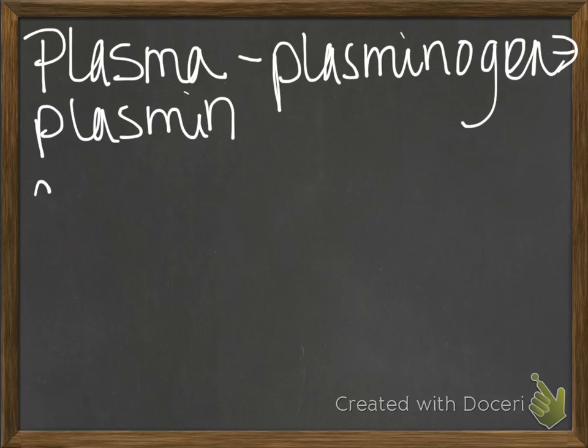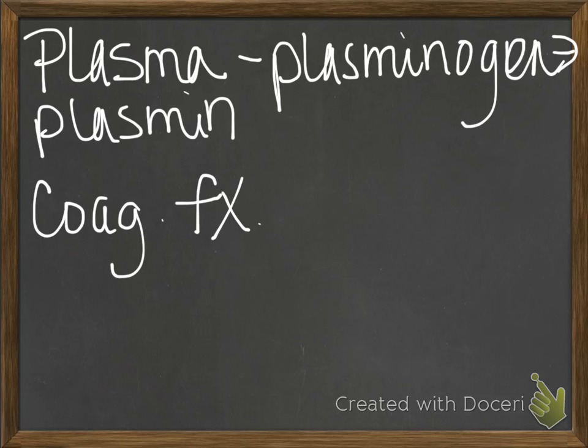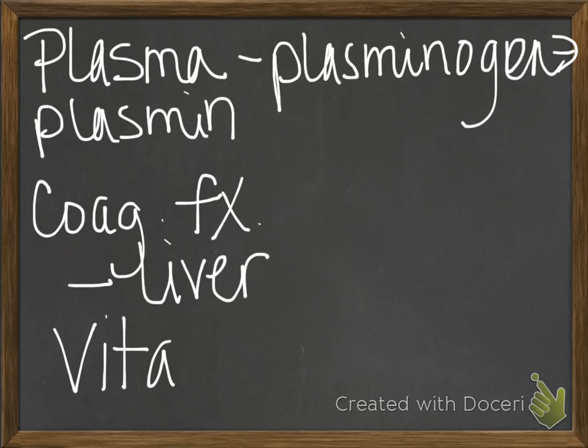We also talked about coagulation factors, and we're going to talk about this more when we talk about the coagulation cascade. But we have these different factors, and most of them are proteins, and they're synthesized in the liver. So when we have someone who has liver damage or liver failure, they also have bleeding issues as well. And one of the things that is necessary for the synthesis of certain factors is vitamin K. So vitamin K is necessary for a couple things.